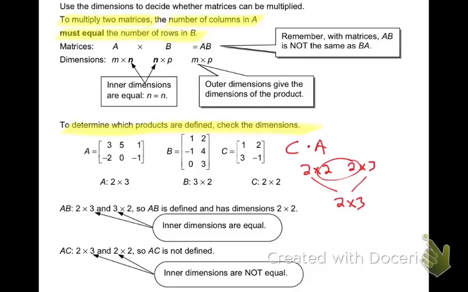So when you multiply one way, it is not the same thing if you were to flip them and multiply again. They are different. So again, matrix multiplication is not commutative. If we have a problem like AC, on an assignment you would just state not possible or undefined. Okay.